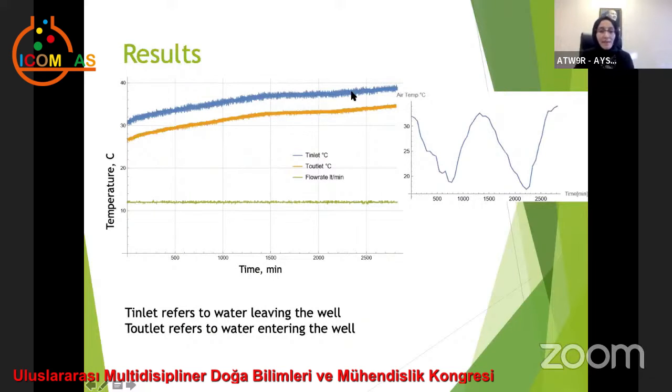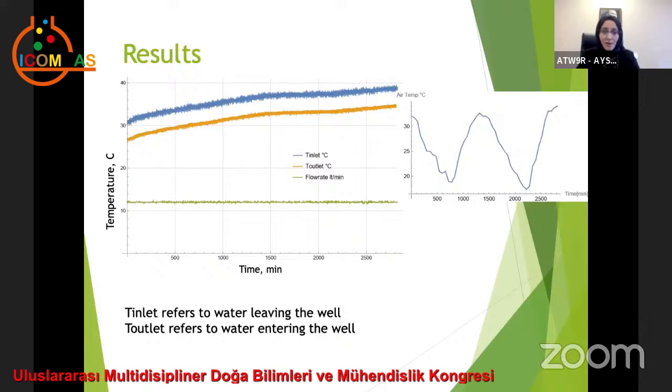T inlet is the water coming from the well, and T outlet is coming from the equipment actually. So we monitor these two temperatures until steady state condition is reached.